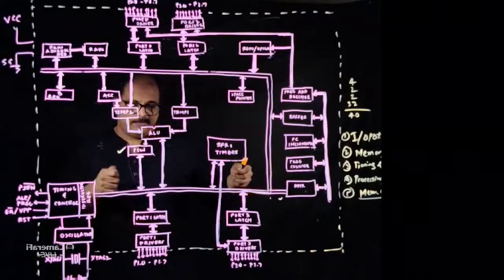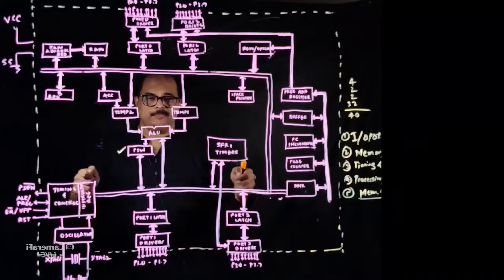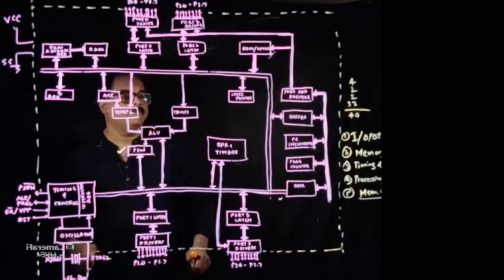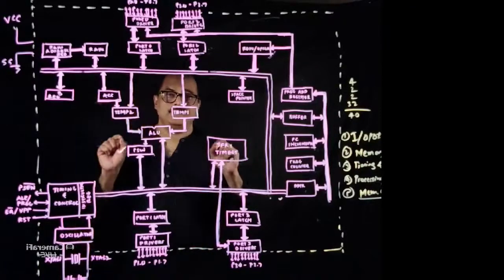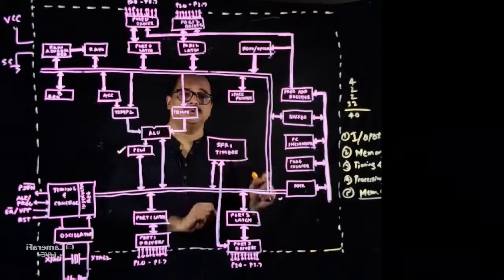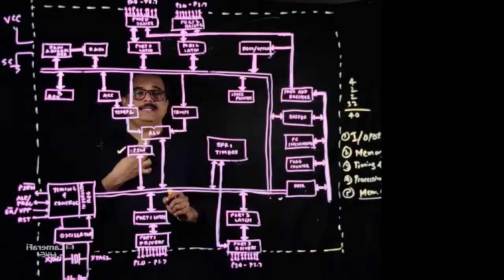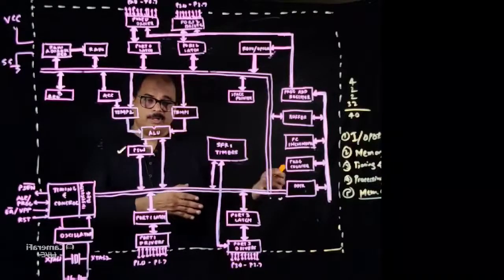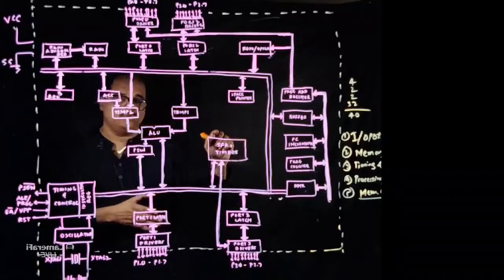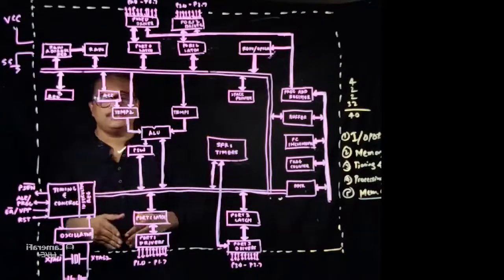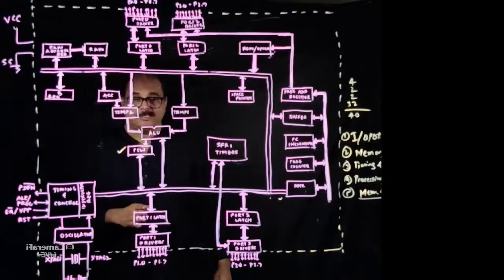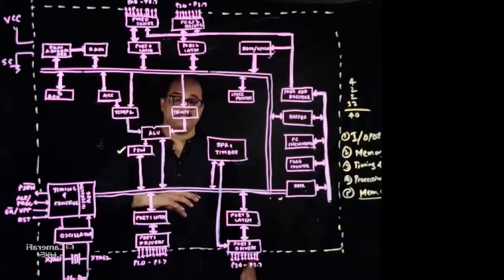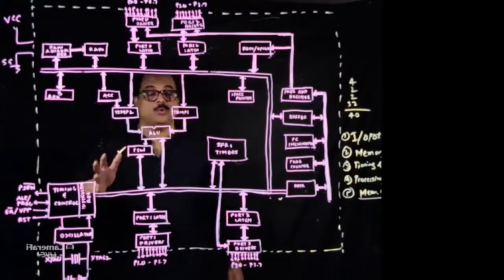When the microcontroller is powered on, the program counter is reset to 0000. That means it will be accessing memory location 0000. Whatever instruction is written at that location is brought first to the instruction register, and then it goes to the instruction decoder, and that instruction is decoded.